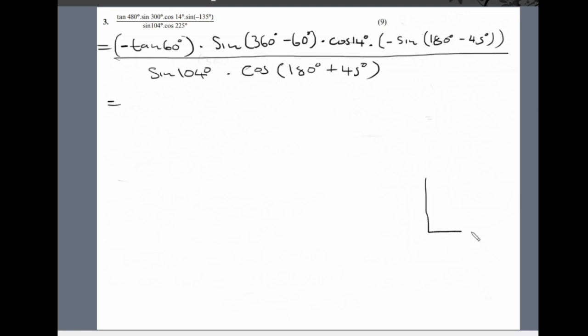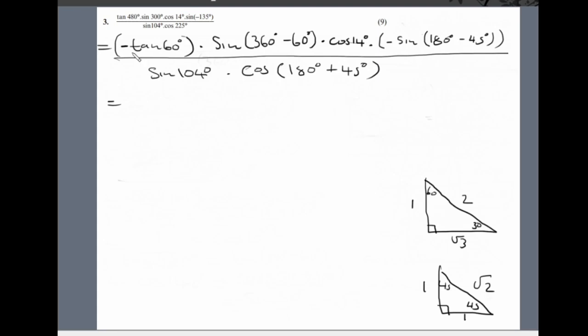So quickly, we need to draw our special triangles: 60, 30, 90, with sides 1, 2, root 3, and then another one is 45, 45, 90, with sides 1, 1, root 2. These triangles you must memorize so that you are able to calculate special angles.